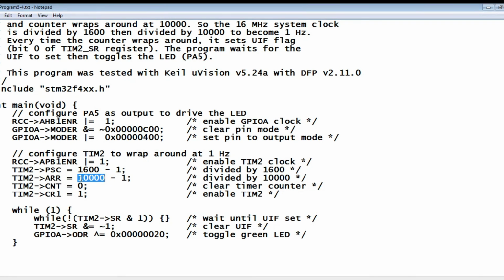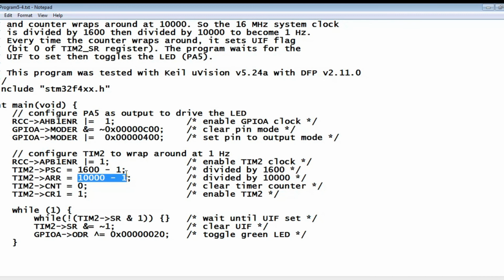Since I am counting from 0, I need to subtract 1 from it. Maximum value in the auto reload register minus 1. Then only you will be counting from 0 to 9999. Otherwise, you will count from 0 to 10,000, so one more cycle will be added. To avoid that, minus 1 should be given here.